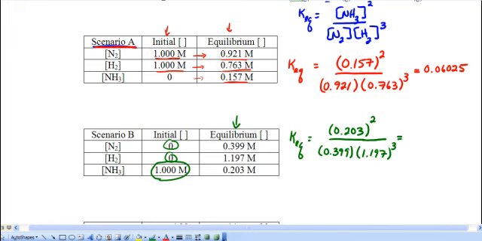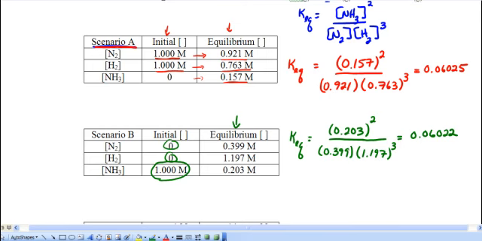Now if you solve that, or evaluate it I should say, 0.06022 for our equilibrium constant. Notice that it's almost identical to the equilibrium constant in the previous example.